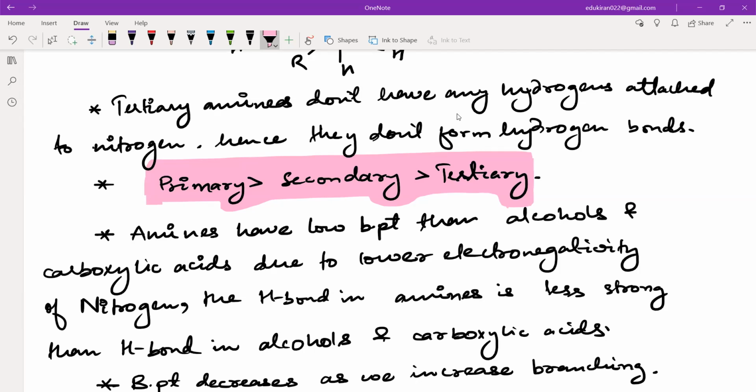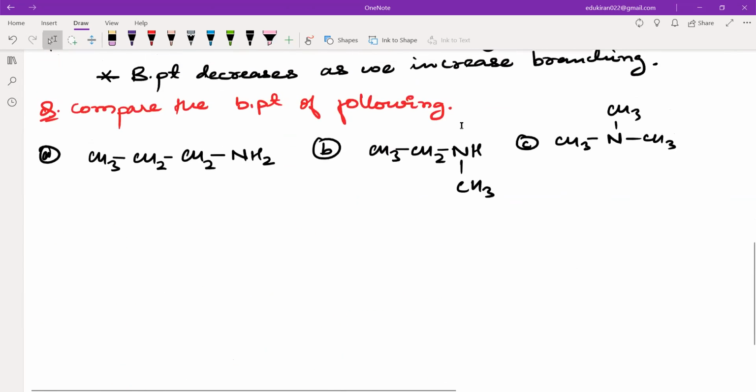Why is primary greater? Because the hydrogen is attached to the nitrogen. How many hydrogens are attached? Hydrogen bonds. Yeah, that's true. But secondary will also have hydrogens, no? See, secondary nitrogen also has hydrogen.